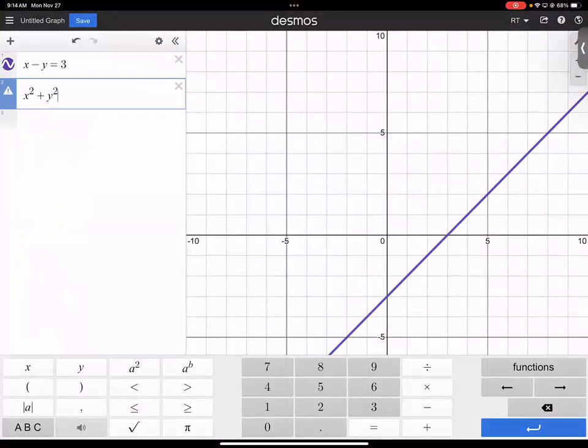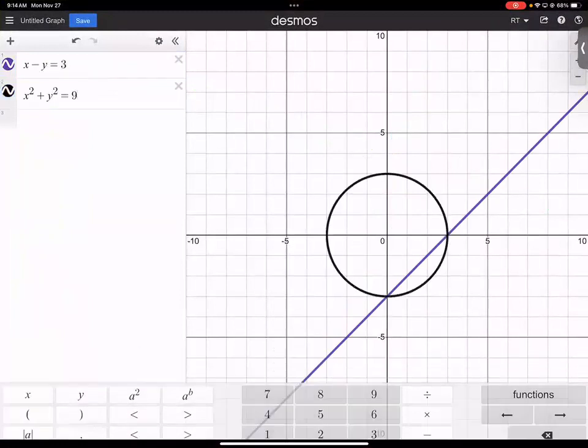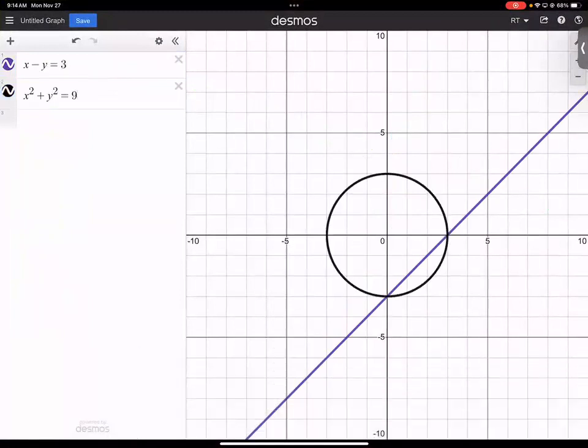So anytime you see x squared plus y squared, that's a circle. Equals 9, that's a circle of radius 3, centered at the origin. Now, it's been a minute since we did circle stuff at the beginning of the semester, but that's what that looks like. So how many solutions is this system going to have? 2. One right there, one right there.